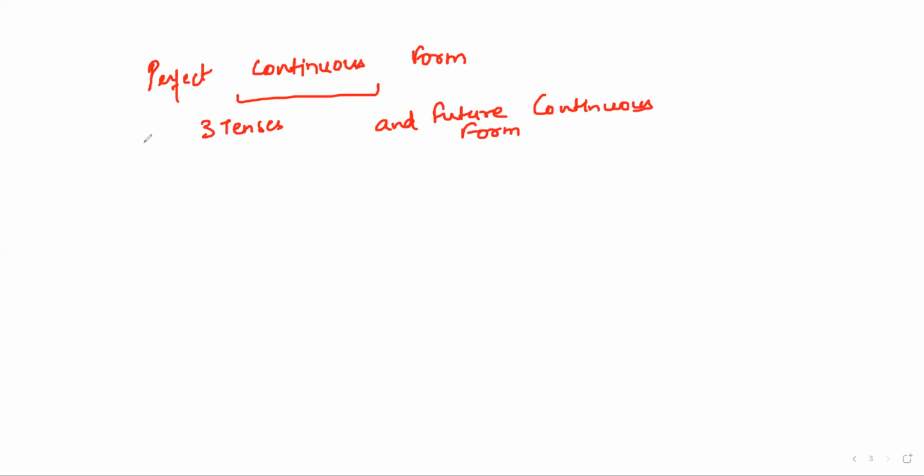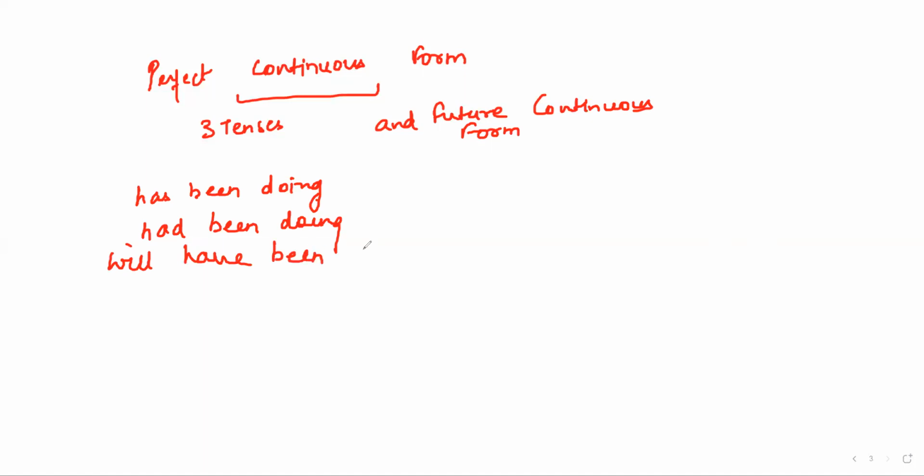Perfect continuous form of all the three tenses means present perfect continuous, has been doing. Then past perfect continuous, wherein I say had been doing, or future perfect continuous, will have been doing.